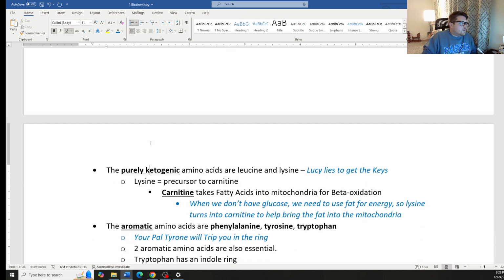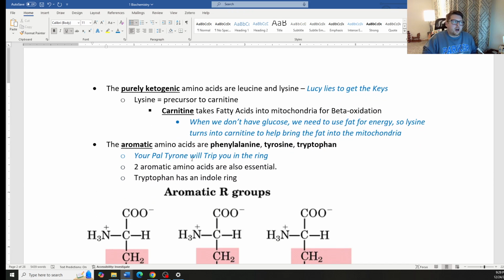We're going to continue with other ways that we divide up the amino acids. We talk about ketogenic, purely ketogenic amino acids. When we hear that word, ketogenic, immediately what pops out is that keto. Most of us have heard about the keto diet, that low-carb diet, which puts your body into ketoacidosis.